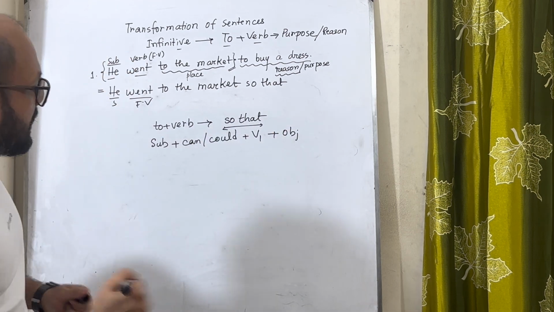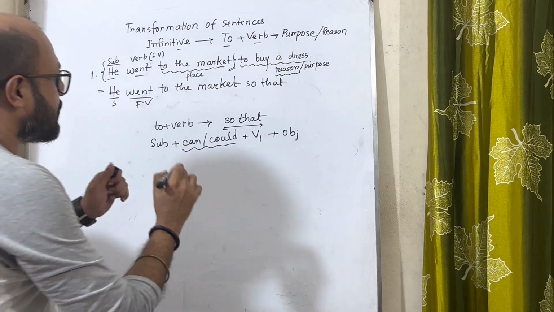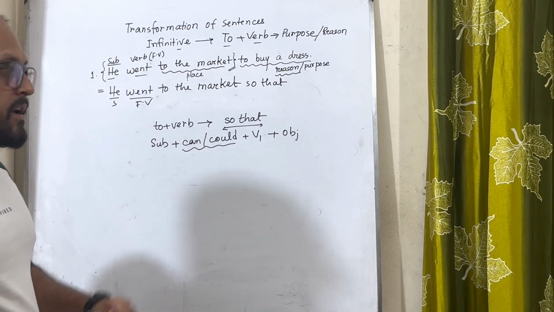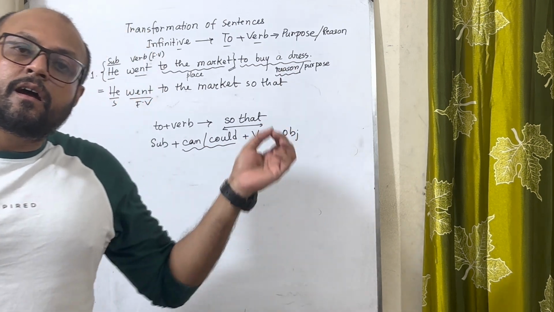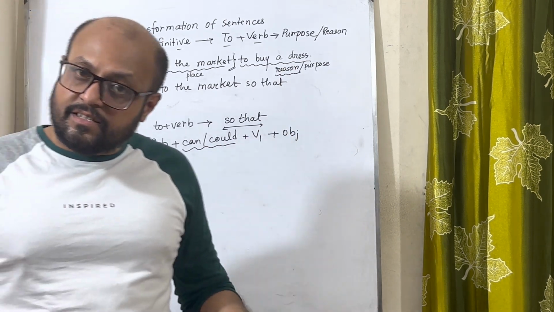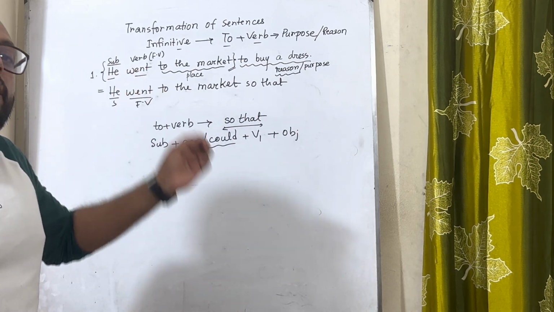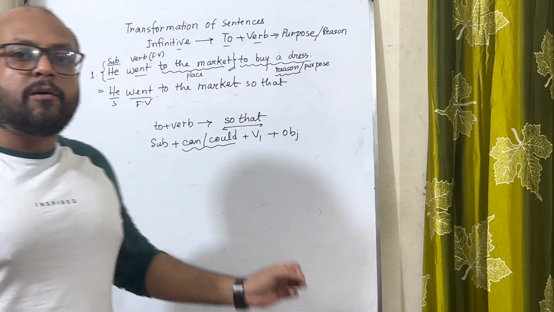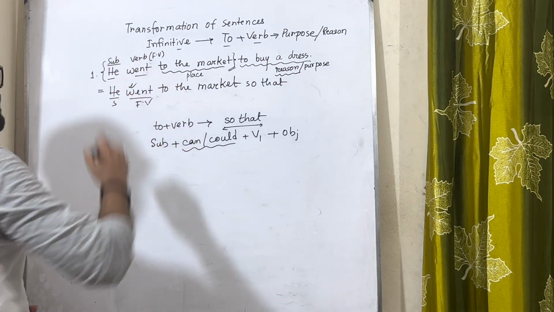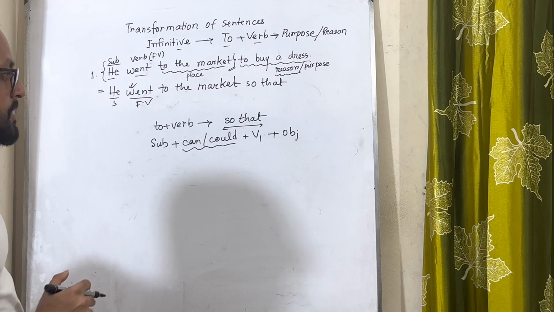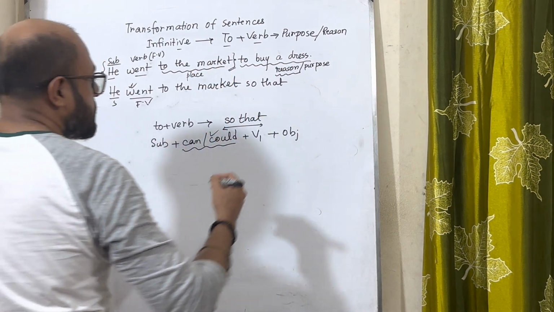So here we need the modal auxiliary verb can or could. It will depend on your tense. If the main verb of the simple sentence belongs to present tense, I will apply can. If my main verb belongs to past tense, I will write could. So here my main verb is went and it's past, so I will write could as my modal auxiliary verb.